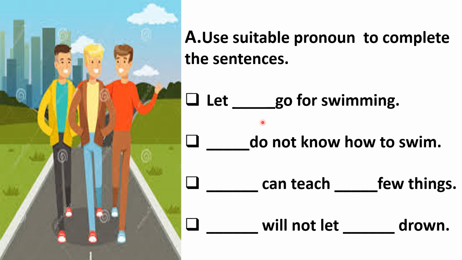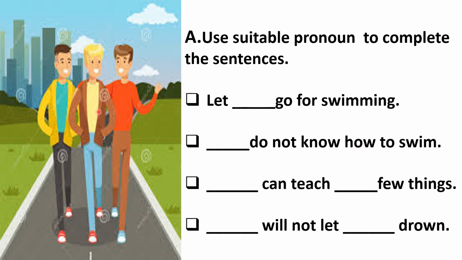Let dash go for swimming. As we can see, three are there. So we will use us. Let us go for swimming. Dash do not know how to swim.